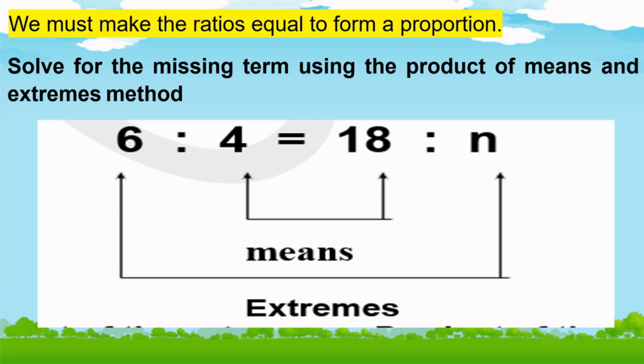The first term and the fourth term are called extremes, while the second term and the third term are called means. Dapat ang product ng extremes is equal to the product of means to form a proportion.